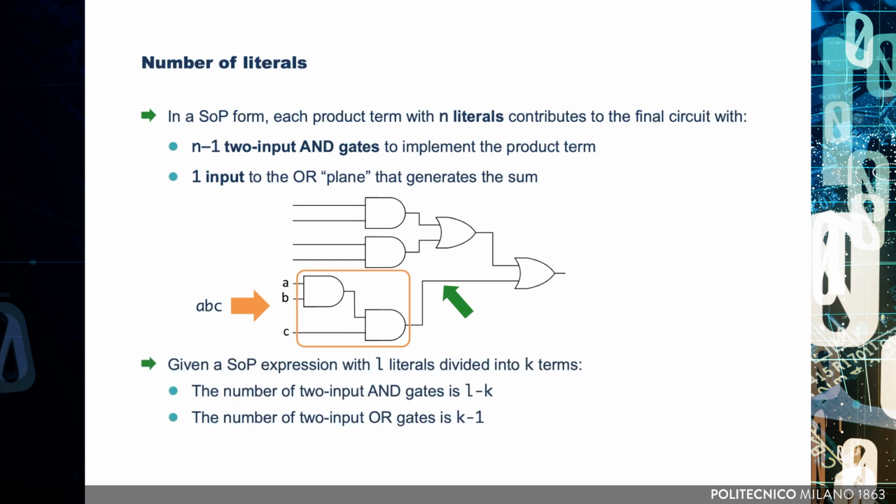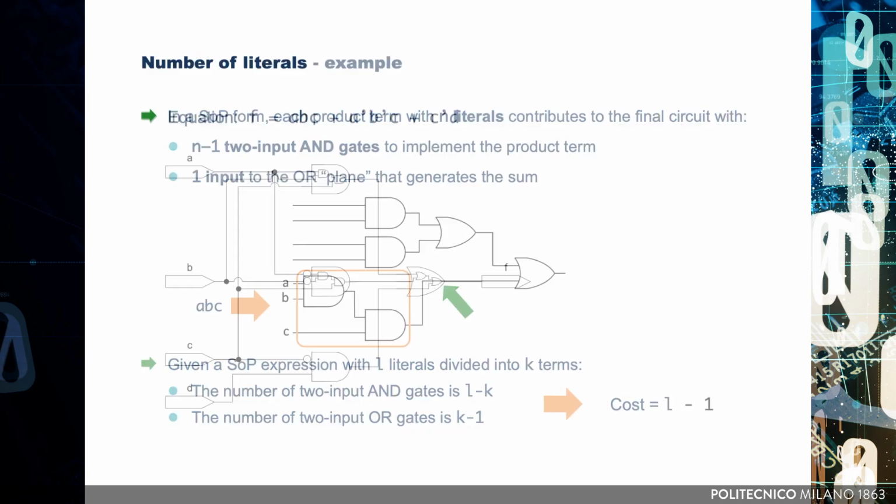Now, if we have a logic expression with L literals spread across K product terms, then the number of 2-input AND gates is L minus K. The number of 2-input OR gates is K minus 1, because combining K inputs requires K minus 1 2-input OR gates, as shown in this example. If we sum these two contributions, the K values cancel out, and therefore the total cost becomes L minus 1.